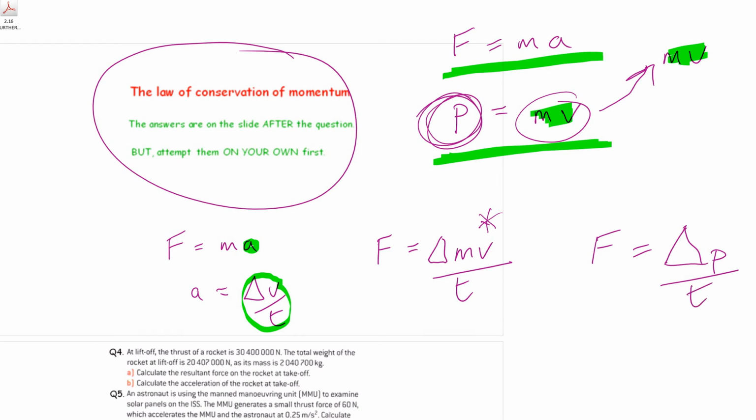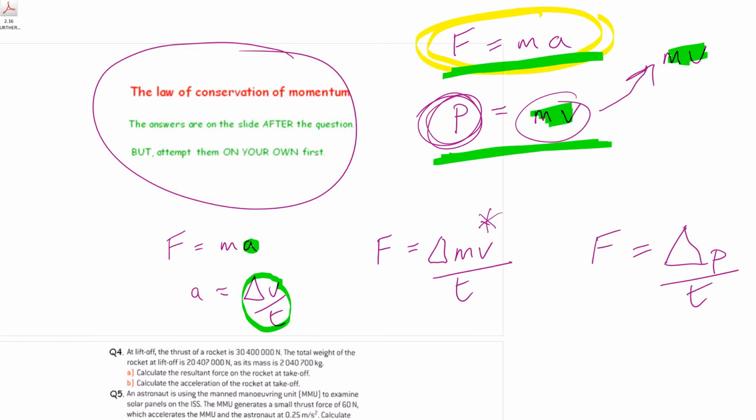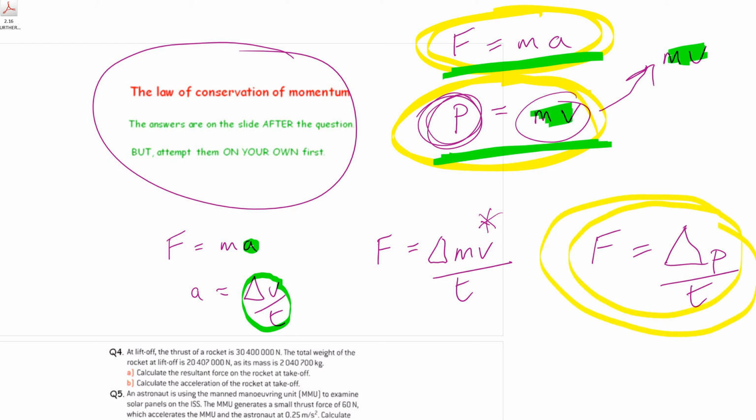So the three equations that we're going to be looking at today are, once again, F equals ma, p equals m times v, and this substitution, F equals the change in momentum over time.